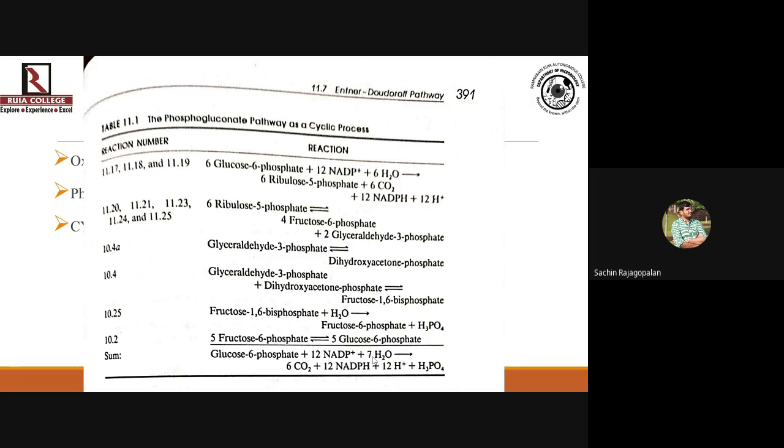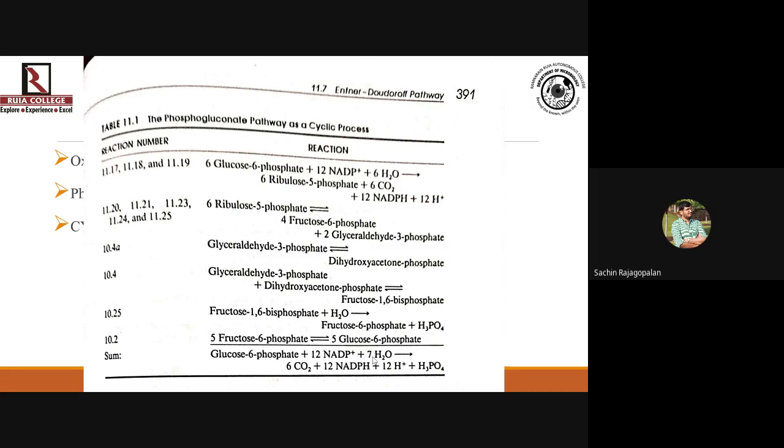Okay, and basically because there is one decarboxylation step that takes place, you will see that if you start with 6 glucose 6-phosphate molecules, you will end up with 5 glucose 6-phosphate molecules because of the decarboxylation involved. Because in the oxidative phase, when you are converting glucose 6-phosphate to a pentose, you remove a carbon dioxide, right?